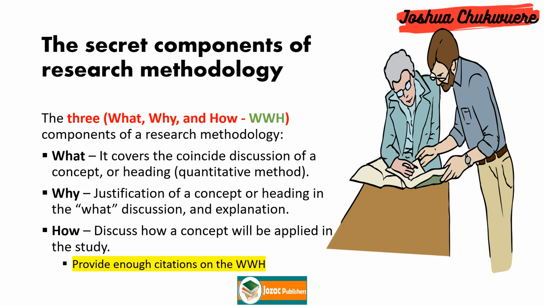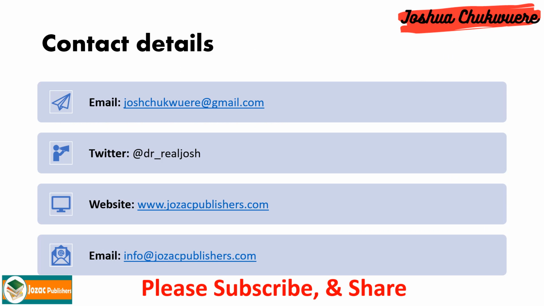Bringing those citations also gives the reader reason to believe that you are not just talking about something, but also providing enough information that the choice you have made is the right choice, because people have used it, it works for them. By so doing, it's going to work for you, or it worked for you, and that is the secret component of a research methodology or method.